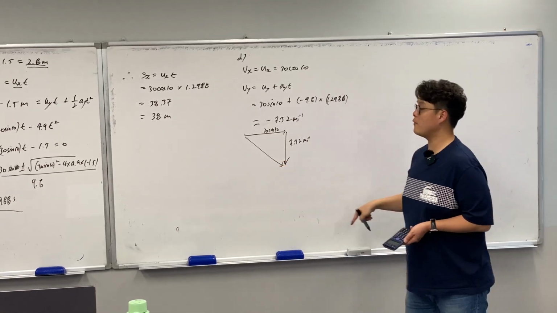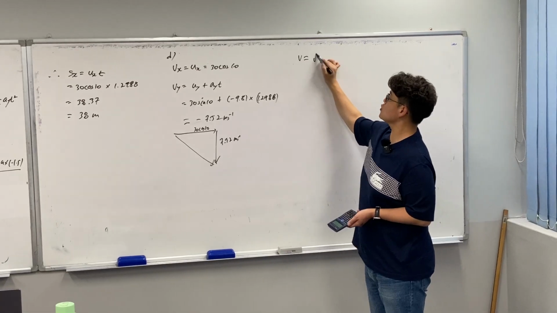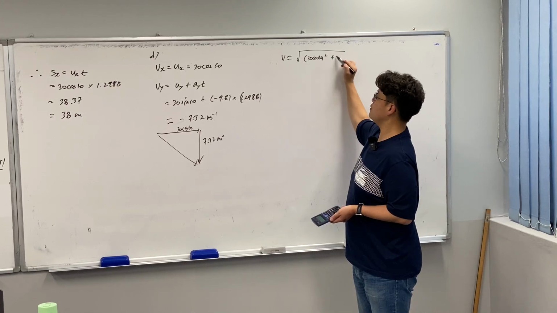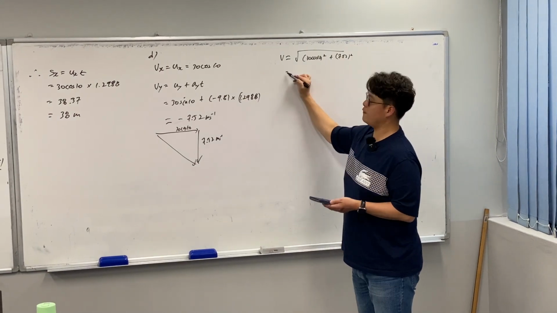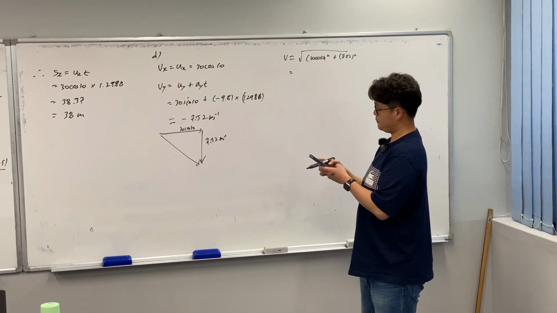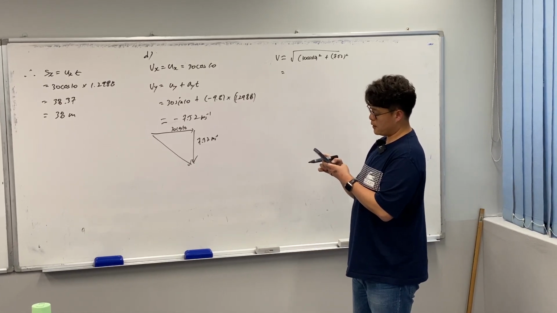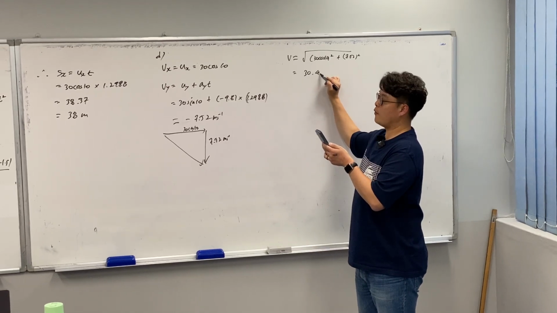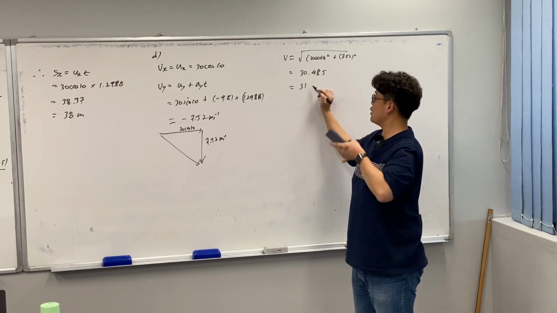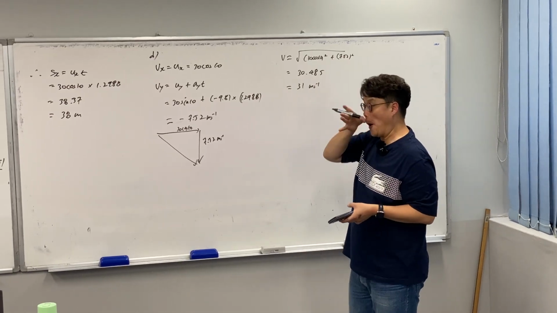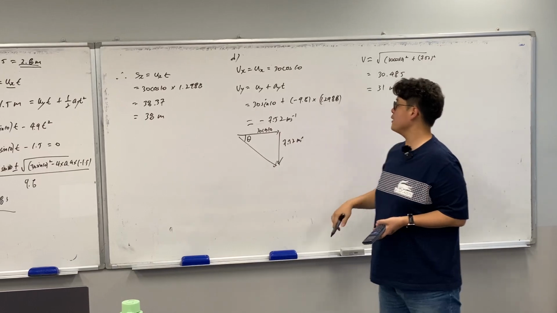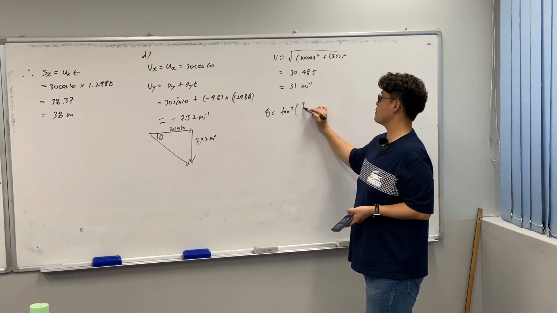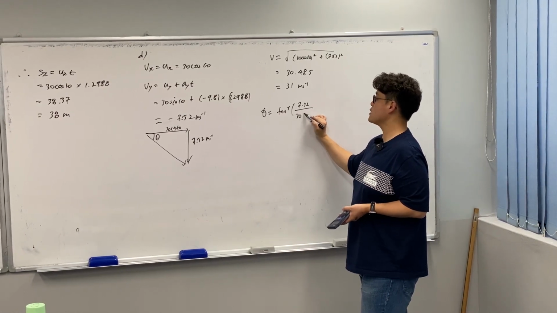So for the final velocity, using Pythagoras, v is equal to the square root of 30 cos 10 squared plus 7.52 squared. Square root of that, you get 30.485 meters per second. You also need to find the angle theta. So the angle is tan inverse of 7.52 divided by 30 cos 10.